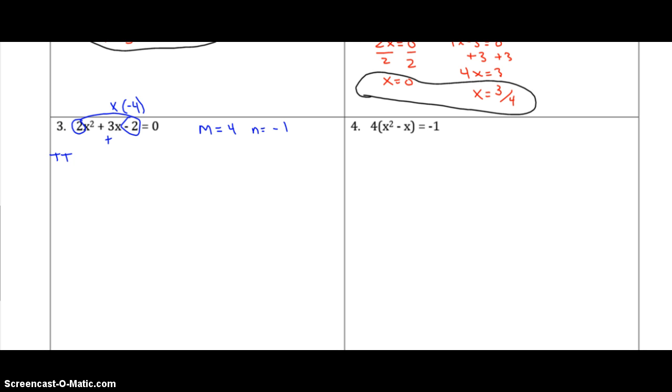So decomposition, 2x squared plus 4x minus 1x minus 2 equals 0. Common factor the first two terms. Common factor the last two terms. And your final answer is x plus 2 times 2x minus 1.